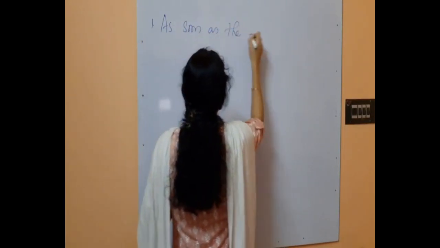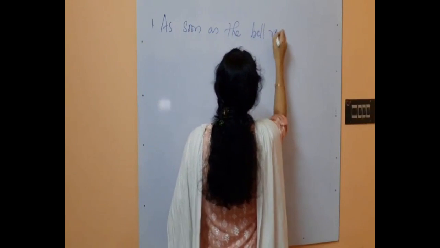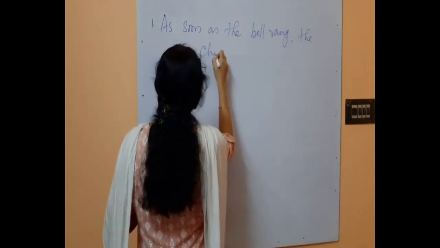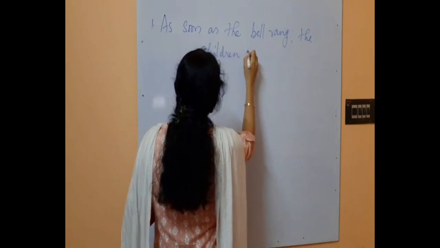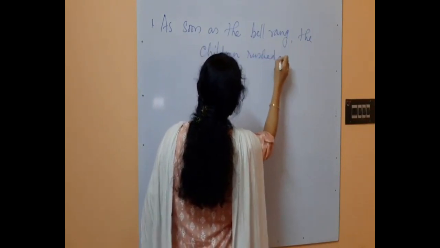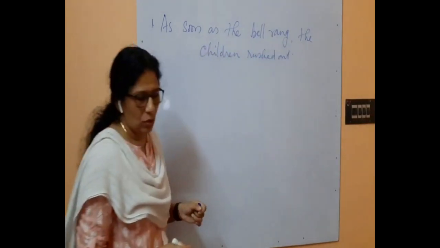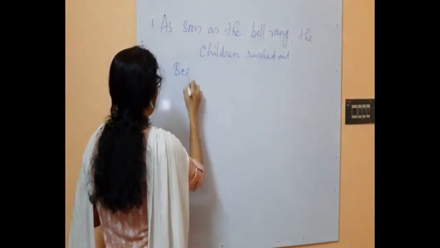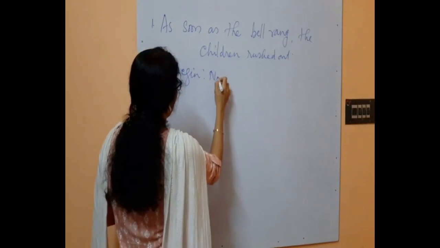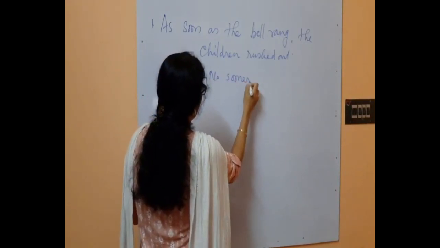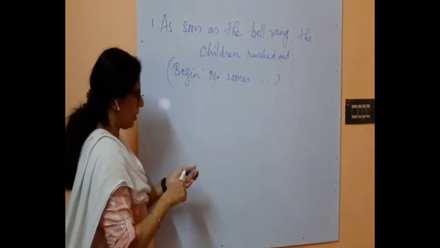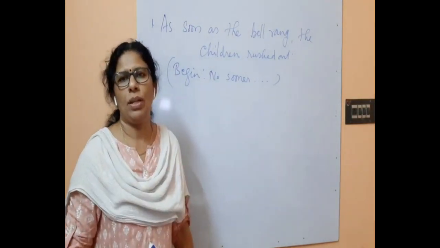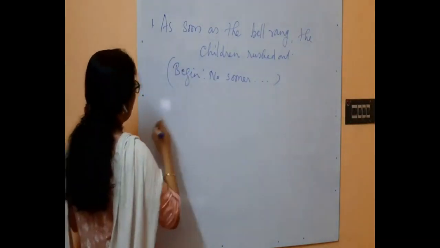In brackets it will be given like this: no sooner. Only no sooner will be given there, and the other part is than, that you should know. Understood? So how will you combine this?